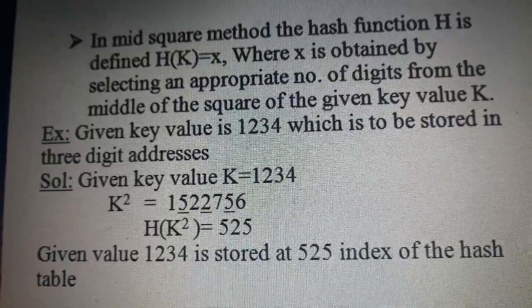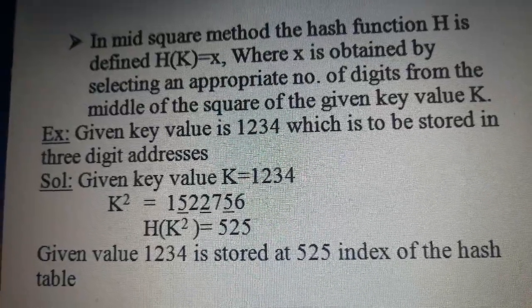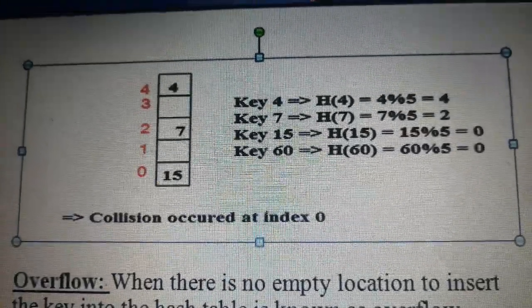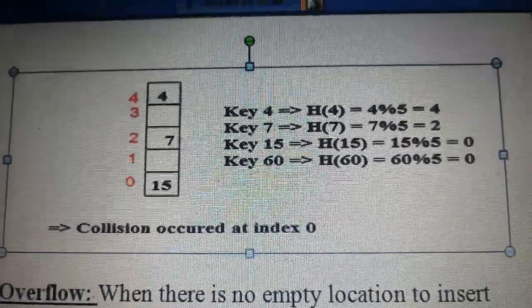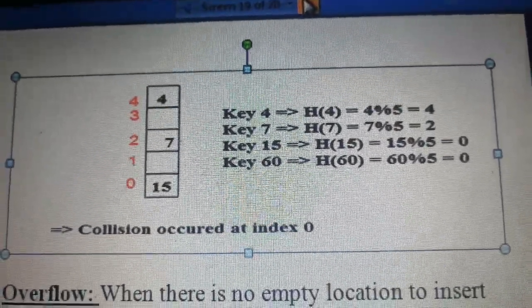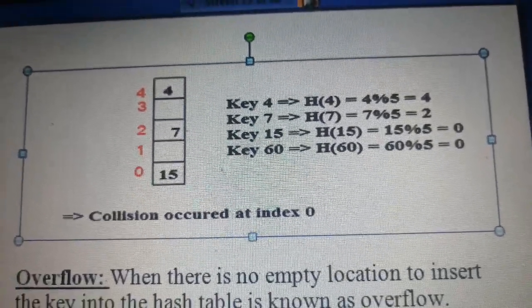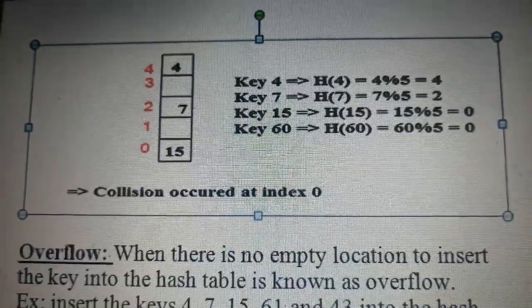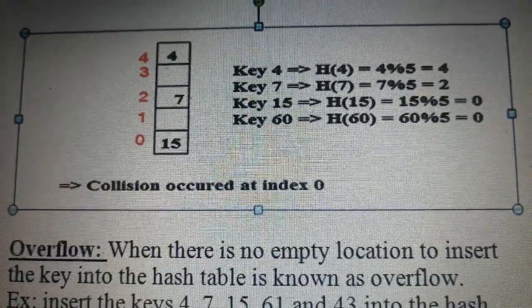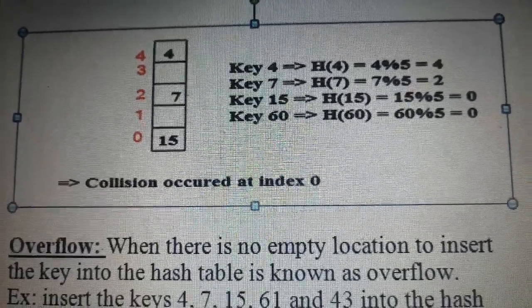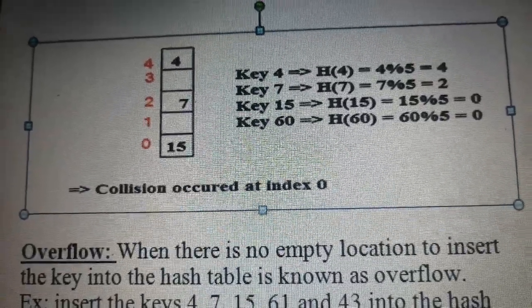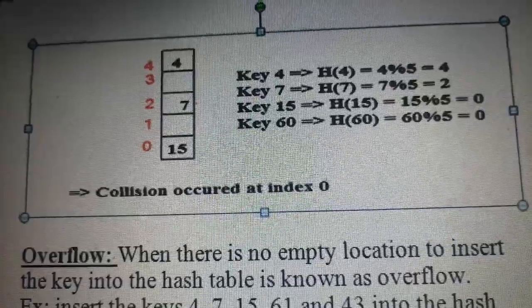Now, after inserting the values into the hash table, we will be discussing a concept called collision. Earlier, with arrays, each and every value is specified with one location. In an array the values are stored in continuous locations: A0 one value, A1 one value, A2, A3, like that.